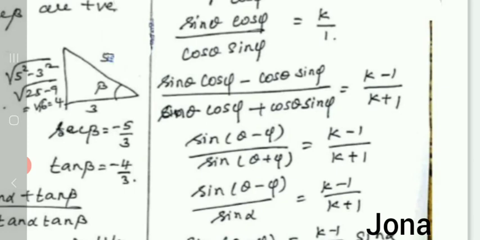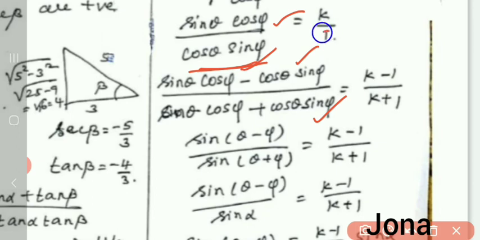I can add and subtract in the numerator and the denominator. That means here I have sin theta cos phi, in the denominator I have cos theta sin phi. By the denominator, this cos theta sin phi I can subtract and add there, and even here I have 1, by the denominator I can subtract and add that. This is the componendo dividendo rule.